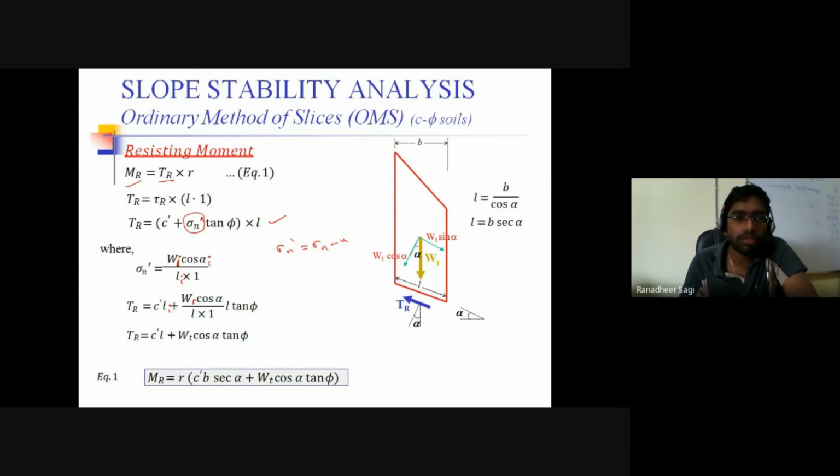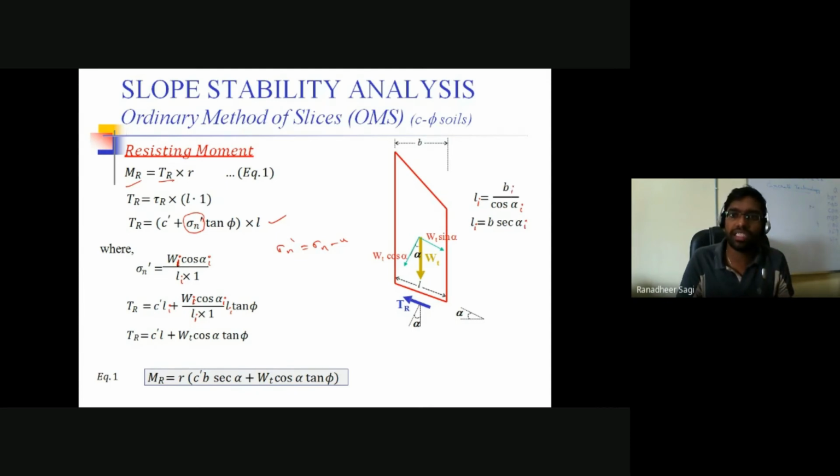I'm going to write down my expression, adding i everywhere in this representation. I have not included i everywhere. The i indicates it is the ith slice that I am looking at, because for all the slices the same conditions are not satisfied. For each slice the length is not the same, as I talked about. Everything changes. The angle at which the failure surface exists is changing.